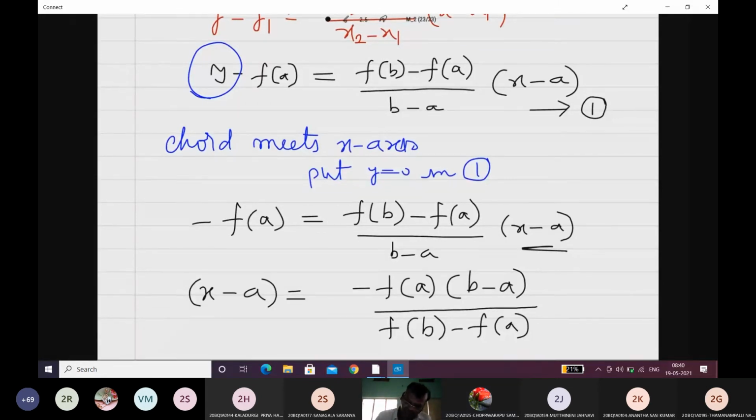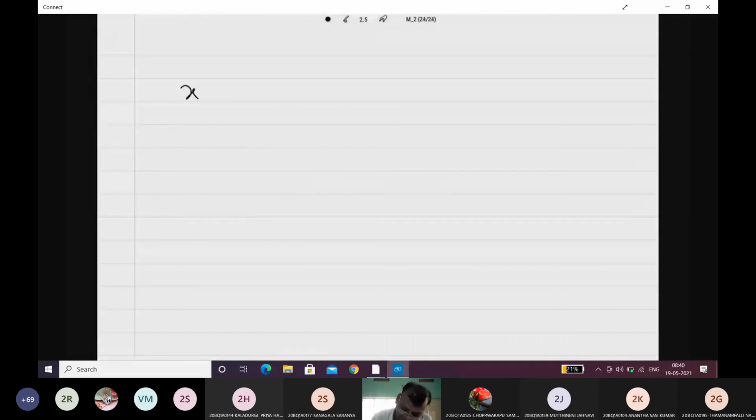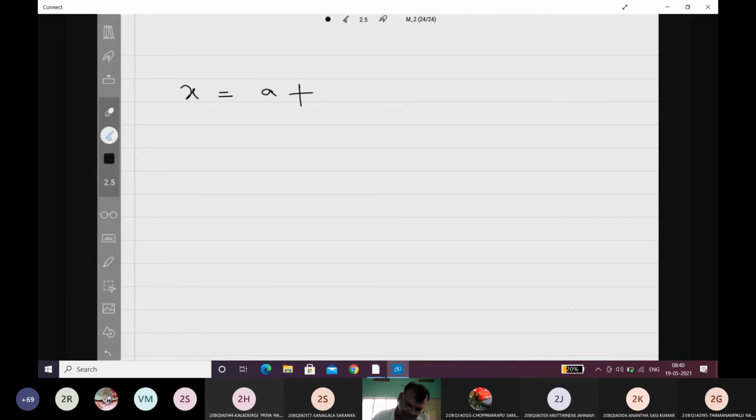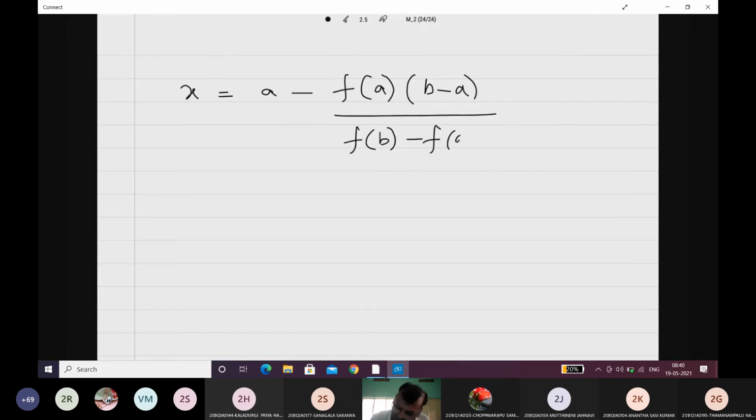Yes, sir. x is equal to, tell me the equation. x is equal to a; this minus going to the other side becomes plus a. Already there is a minus there, so a minus f of a into b minus a by f of b minus f of a.